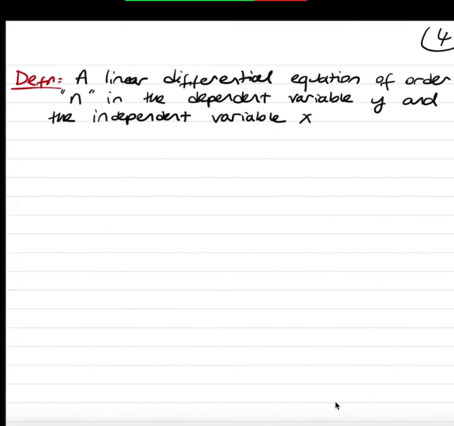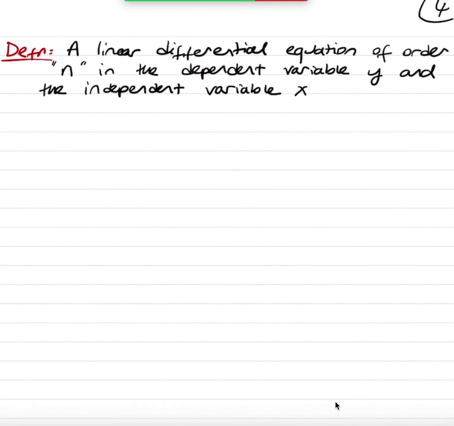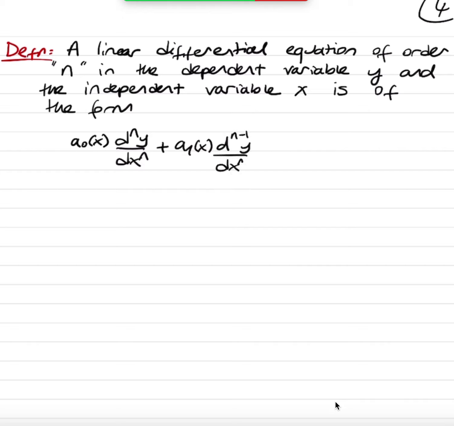It must be of a specific form, where the coefficients always depend on x: a0(x) d^n y over dx^n plus a1(x) d^(n-1) y over dx^(n-1) plus up to a_(n-1)(x) dy over dx plus a_n(x) y is equal to b(x).